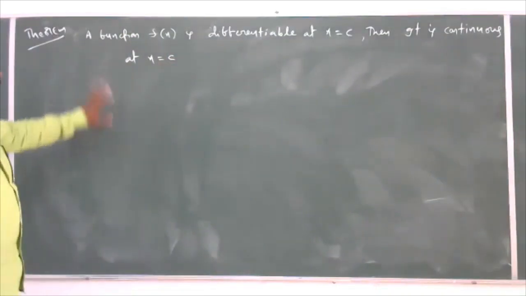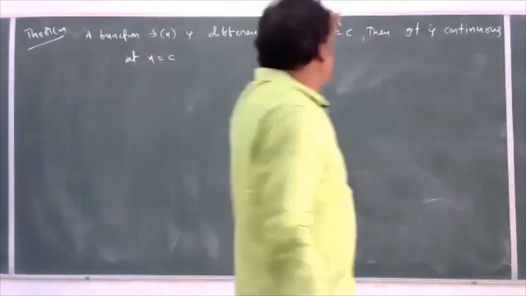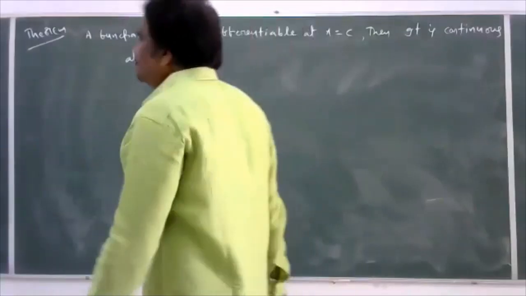This is the statement. A function f of x is differentiable at x equal to c, then it is continuous at x equal to c.